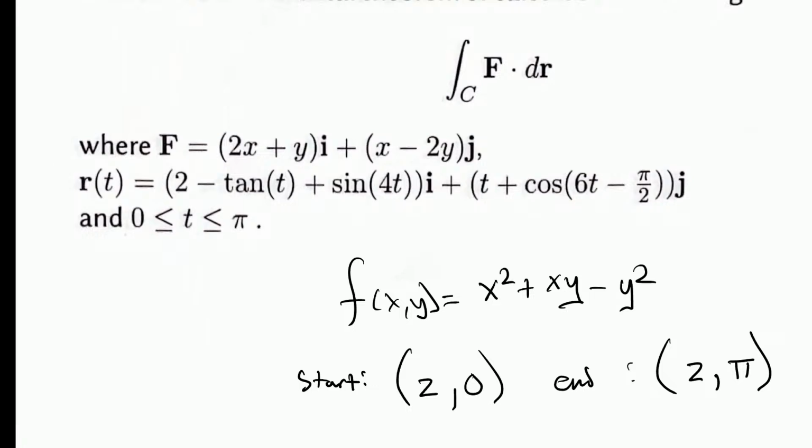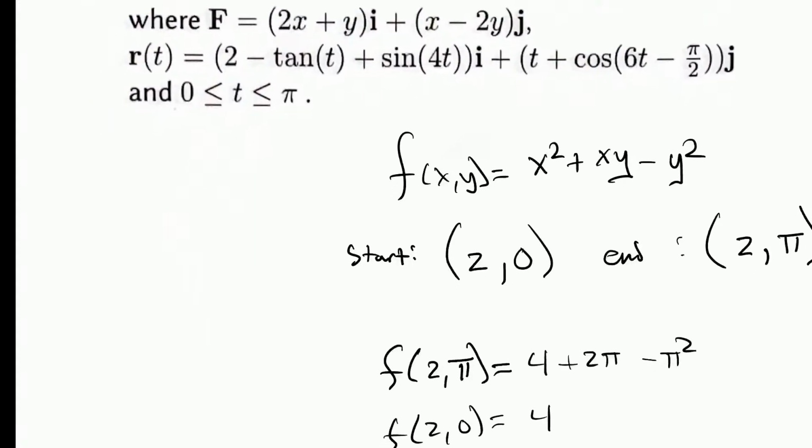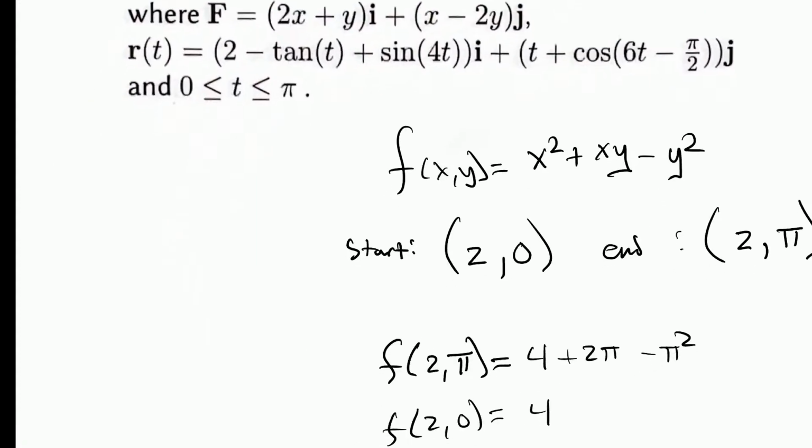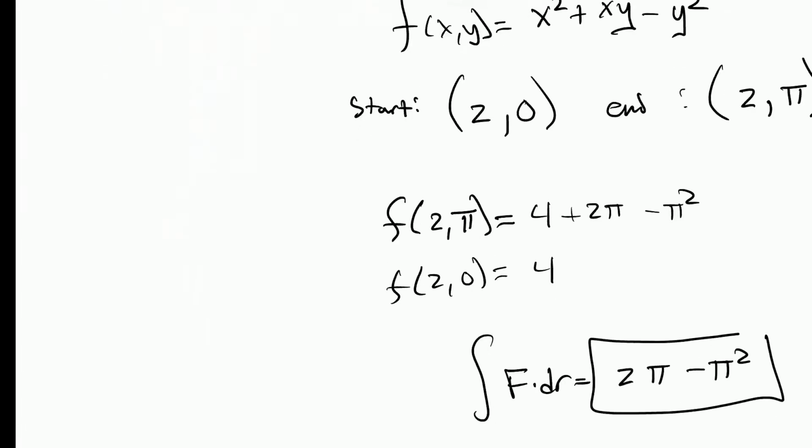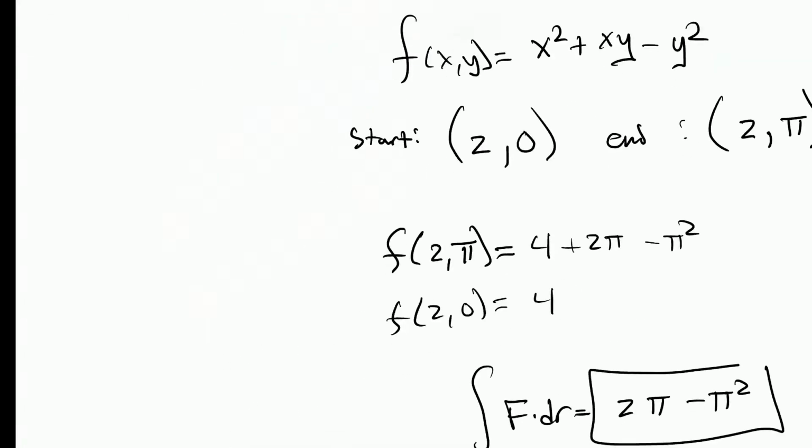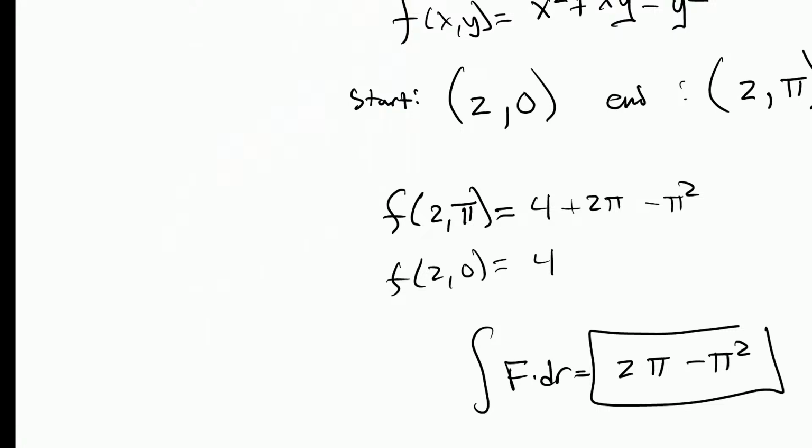Then you just plug them in, and you get f of 2, pi. It's right there. F of 2, 0, and subtract, and you're all done. Subtract the top from the bottom. So yeah, most of you got this. Some of you didn't, or maybe you chose not to evaluate the cosine of pi over 2, and you still got it right because you wrote it down.